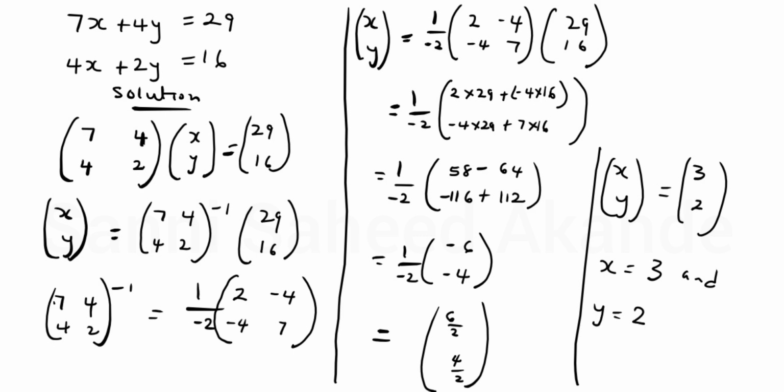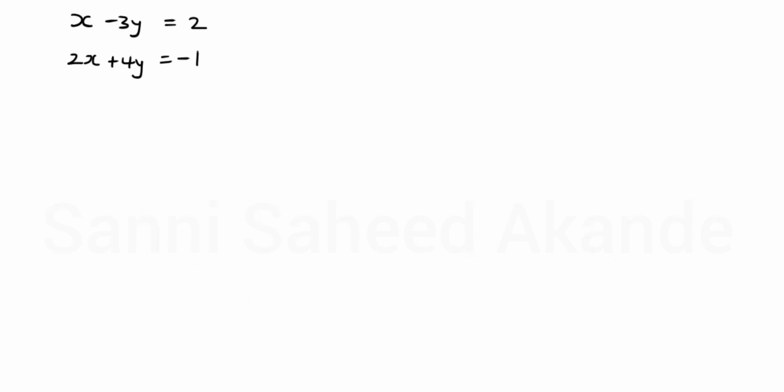Okay, so finally let's solve this. We want to solve these pairs of simultaneous equations using the matrix method. Solution. What we do first here is to write this simultaneous equation in matrix form. And how do we do that? Look at equation 1 and equation 2 here.